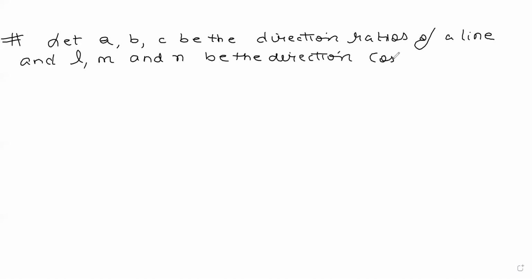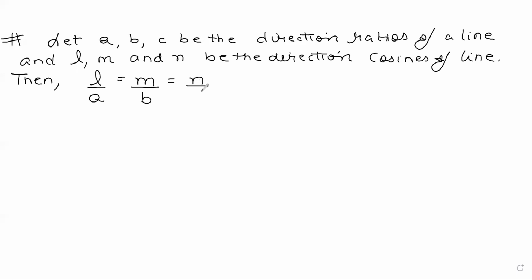Then suppose L upon A is equal to M upon B is equal to N upon C. Let this be some constant K. Why?